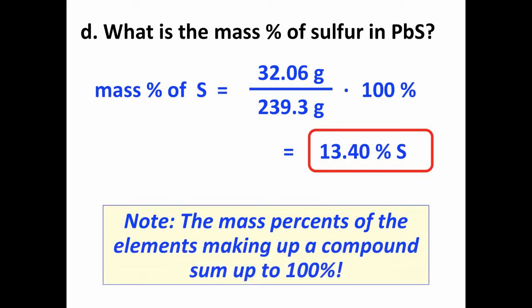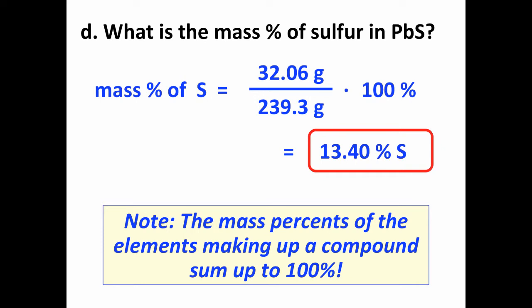If we had more substances, then we'd add all of them together, and that would give us a total of 100%. One other thing to note is, depending upon your significant figures and your round off, it is possible to get your mass percents to not exactly add up to 100. Of course, they really do, but within your significant figures, sometimes there's a slight discrepancy.